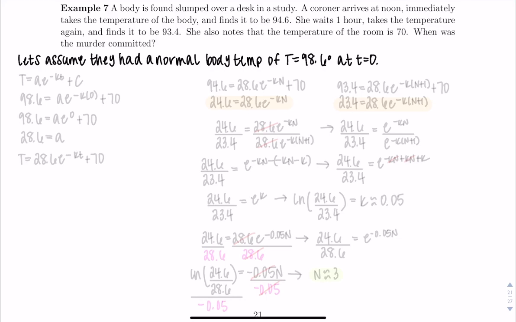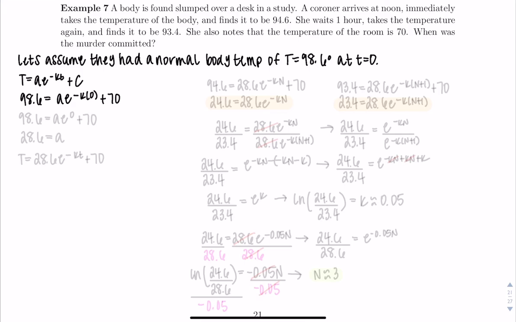So we can find our formula. We have T equals A e to the negative kt plus C. Well, our starting temperature was 98.6 equals A e to the negative k, little t was 0 because it's right when the murder happened, plus 70 degrees because that's how cold the room was.